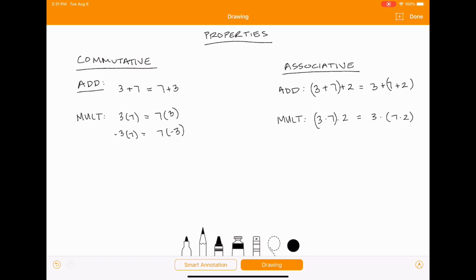So it doesn't matter which order you do this multiplication in or this addition in, you're going to end up with the same answer. That's all those properties are telling you.